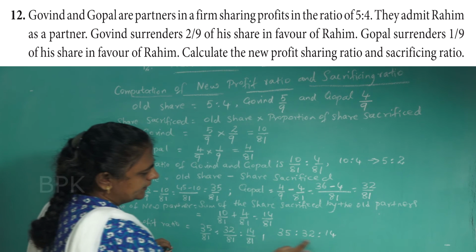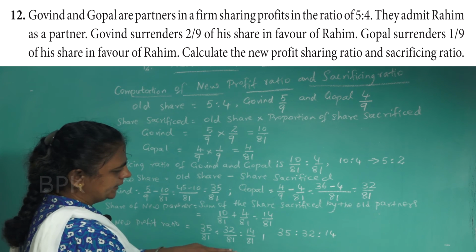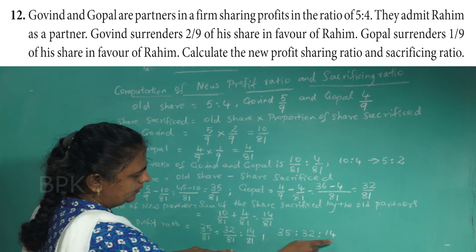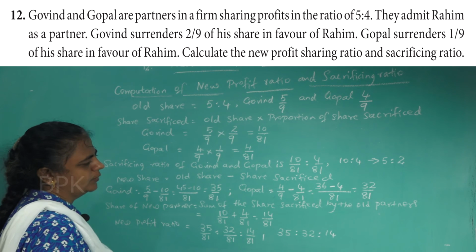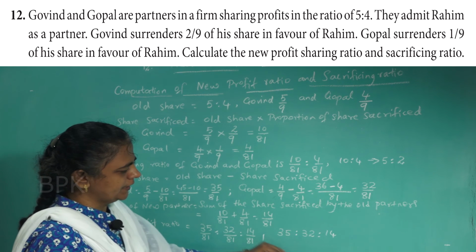If you add these three, you have to get 81. 35 plus 32 plus 14, you will get 81. So that is the new profit sharing ratio.